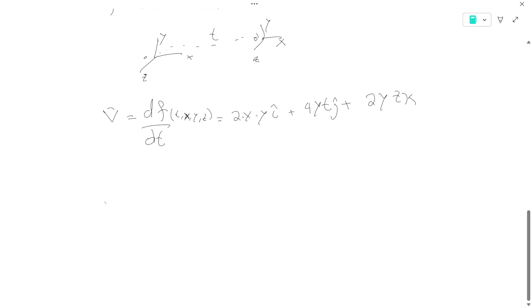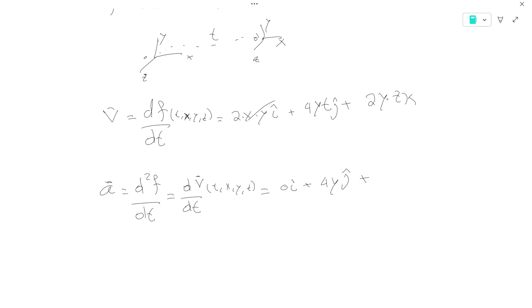And interestingly, if you're going to do acceleration, which is the second derivative of f with respect to time, or the derivative of the velocity with respect to time, and the velocity is obviously a function of t, x, y, and z because it's a derivative of the function, then this derivative is no t here, 0i plus 4y j plus 0k, no t.